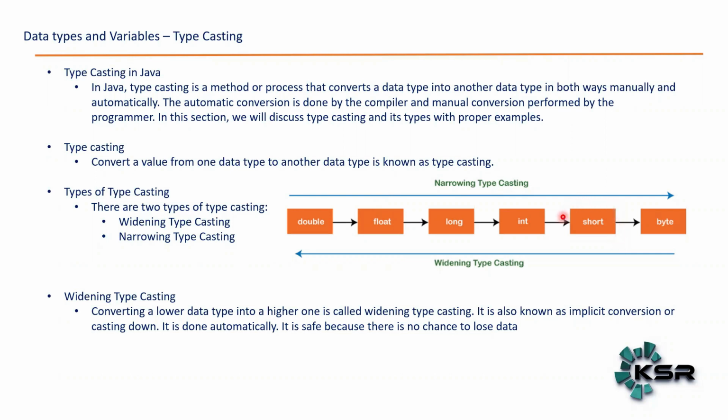But if it is 10,000 and you put it into double, what will happen? The value will remain as it is, but the decimal place will get added. So widening is good. But what is the drawback if you don't know the data type? The memory will increase. That's it. So it depends on the requirement; you have to decide what to do.